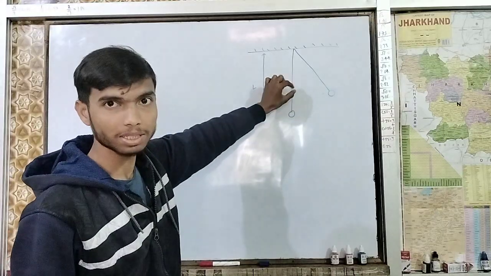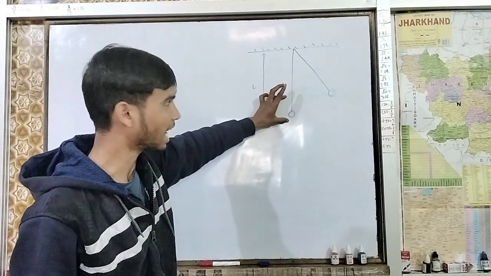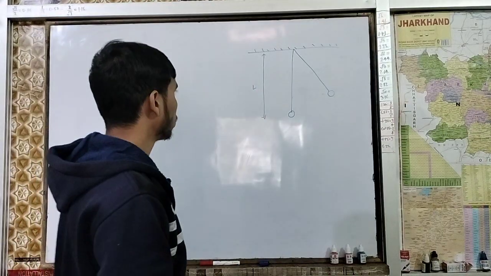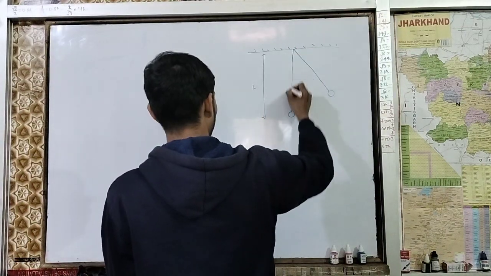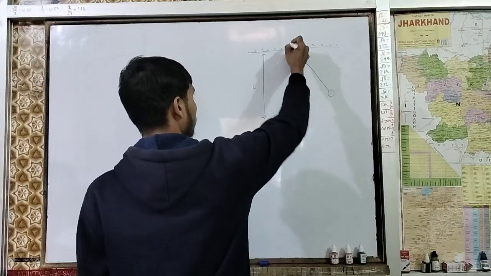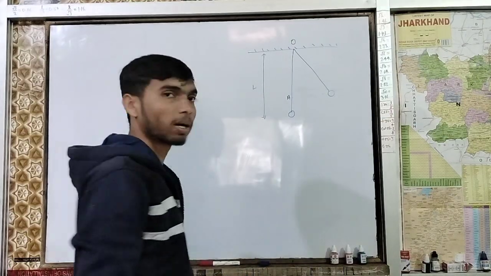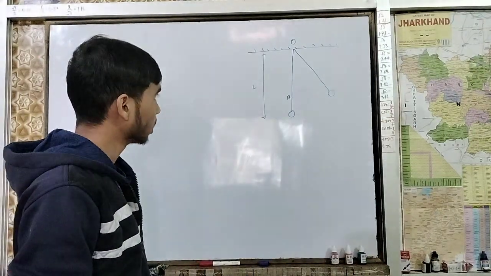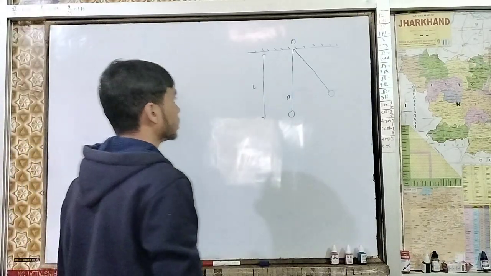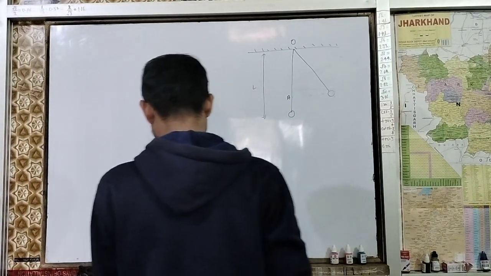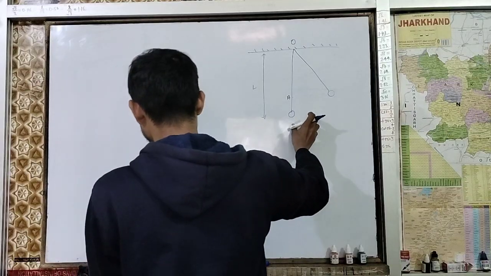So what is the displacement between them? You can see this height will be our displacement. This OA part will not be our displacement; this remaining part will be our displacement.